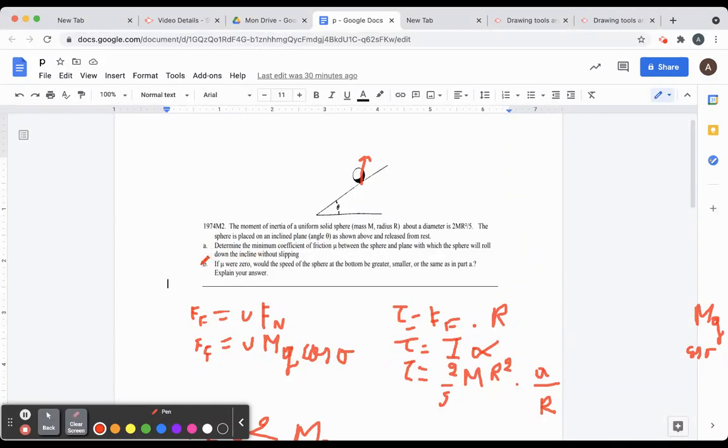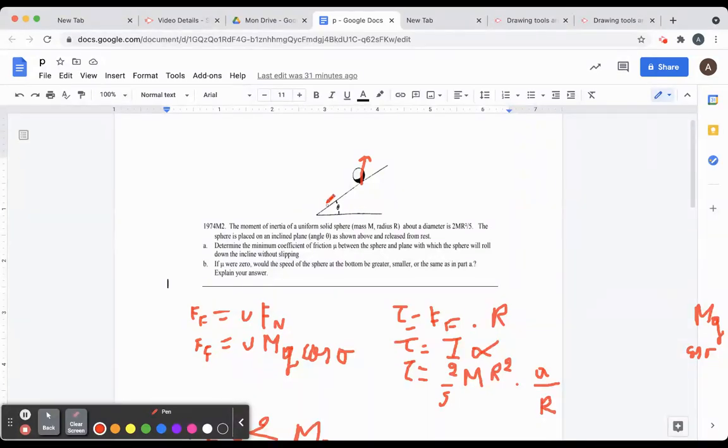So for B, if the coefficient were 0, would the speed of the sphere at the bottom be greater, smaller, or the same as in part A? Explain your answer. So I think this is talking about rolling with slipping for the second question, since coefficient of friction is 0. So if the ball is rolling with slipping, then the speed at the bottom will be greater, since the energy at the bottom of the sphere is the same in both cases, in rolling with slipping and without slipping.